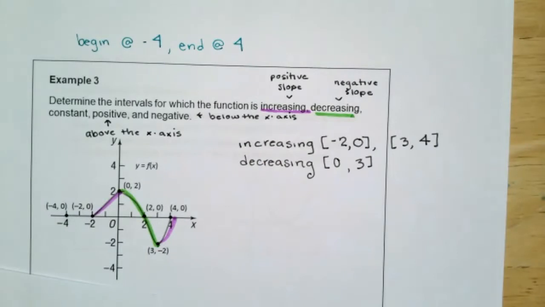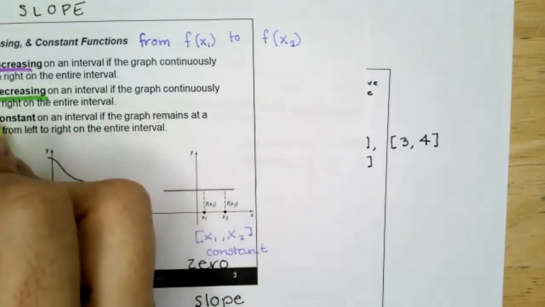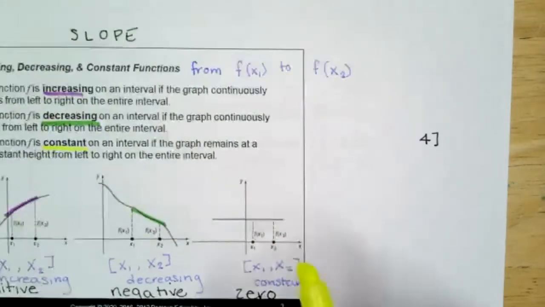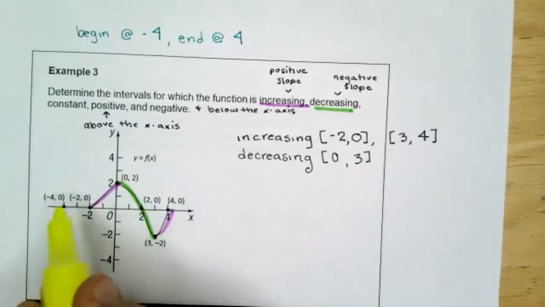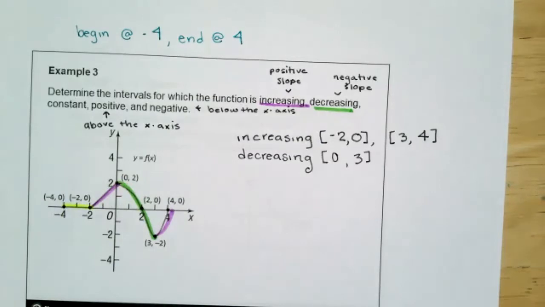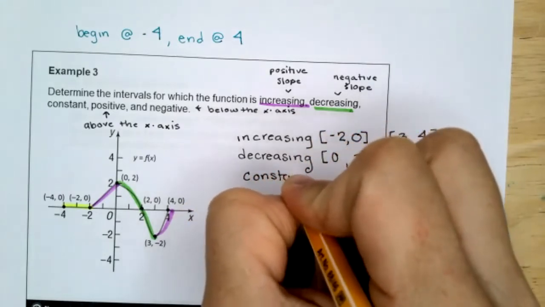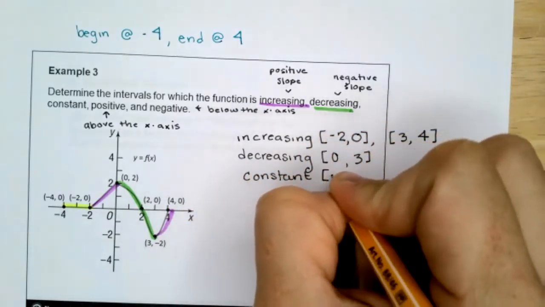Good. Finally, we have constant. Constant just means you're flat. So if it starts at -4, that means from -4 to -2, it was constant. Any questions?